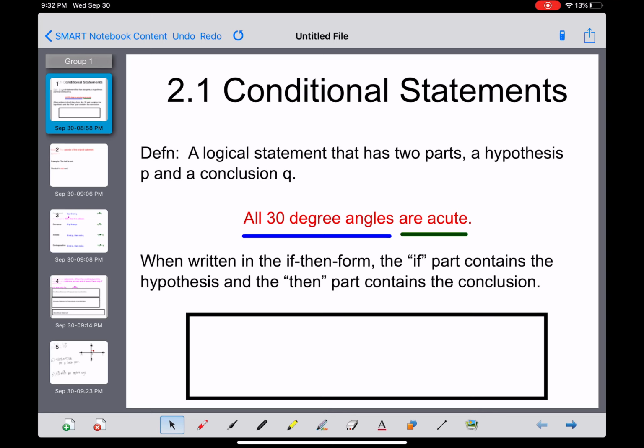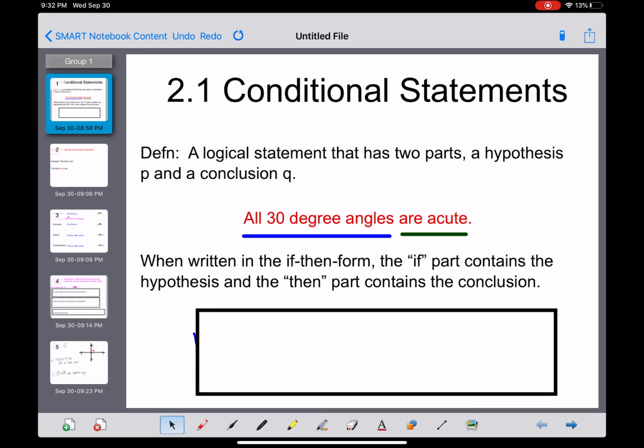The if part represents the hypothesis, the then part represents the conclusion. So I'm going to rewrite "all 30-degree angles are acute," where "all 30-degree angles" is the hypothesis, and our conclusion is that they are acute, in the conditional form with if-then.